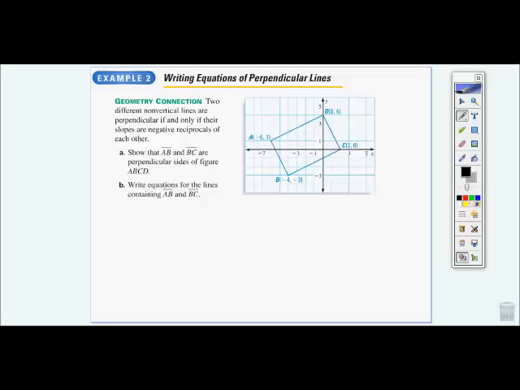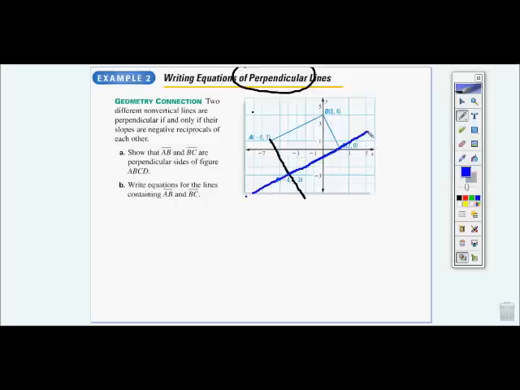Now we're going to talk about perpendicular lines. We mentioned this when we were talking about our parallel lines, that perpendicular lines would not have the same slope. We're going to look at the graph here on the coordinate plane with a couple of the coordinate points labeled, and we can see this line segment AB, and that segment is perpendicular.